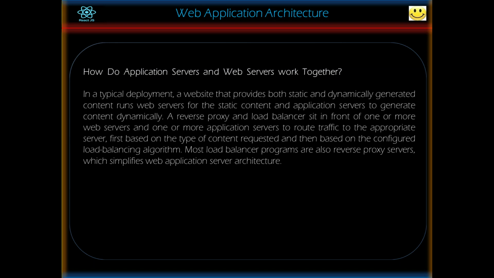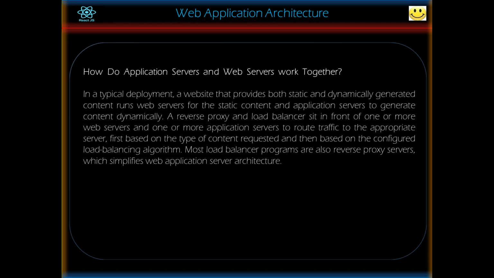How do application servers and web servers work together? In a typical deployment, a website that provides both static and dynamically generated content runs a web server for the static content and an application server to generate the content dynamically.